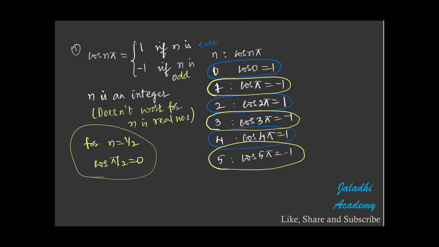Next, the second important thing is sin n pi. If you take sin n pi, for n equal to 0 we get sin 0, whose value is 0. For n equal to 1, we get sin pi, and again its value is 0.